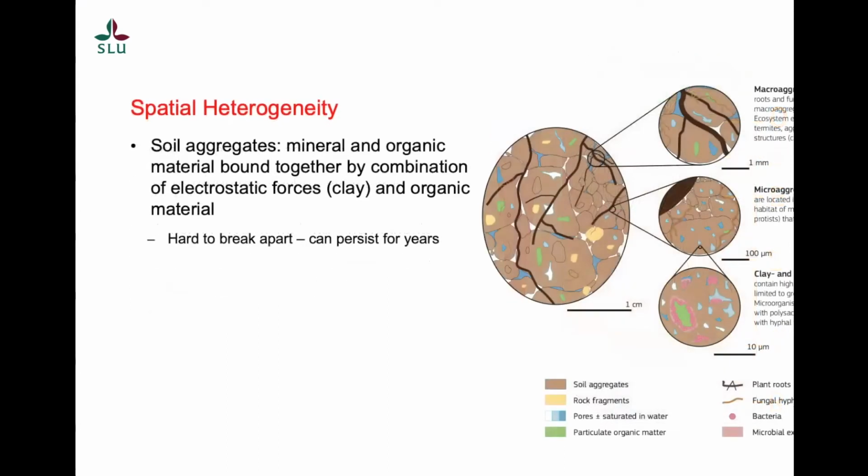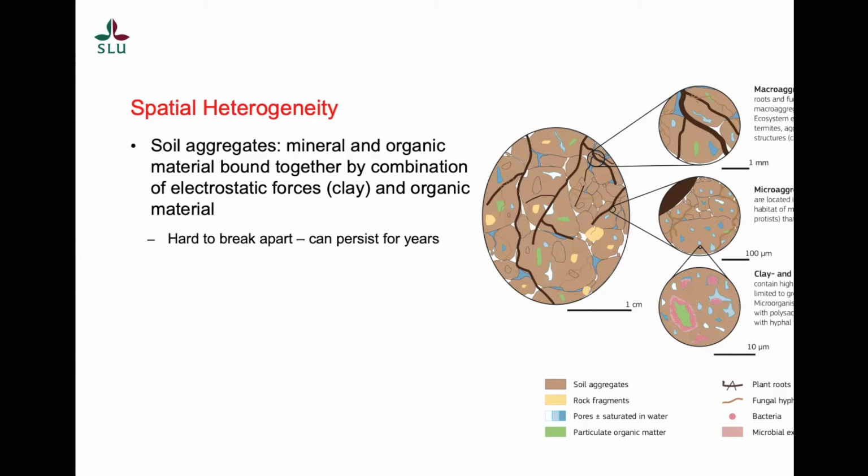But the thing about soil is that it's really composed more of soil aggregates. An aggregate is essentially clumps of mineral material and organic material held together by electrostatic charges, because clay is negatively charged. So when you have different minerals and different clay content, you get these clumps of soil called aggregates.